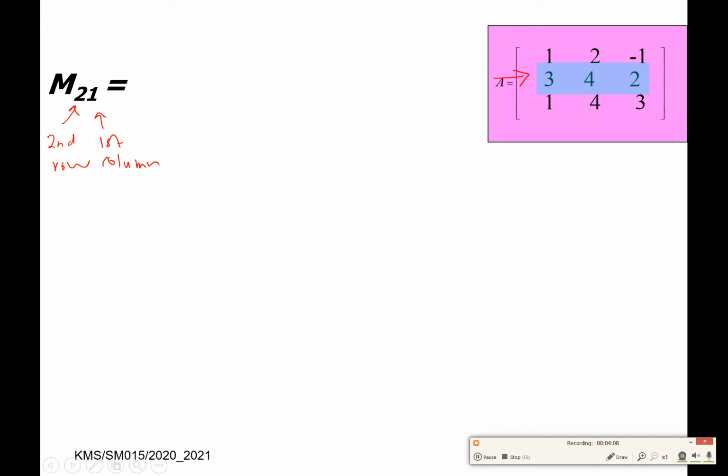So how do we calculate it from here? We will get the determinant of 2, negative 1, 4, 3. You calculate 2 times 3 minus 4 times negative 1. So the answer is 10.